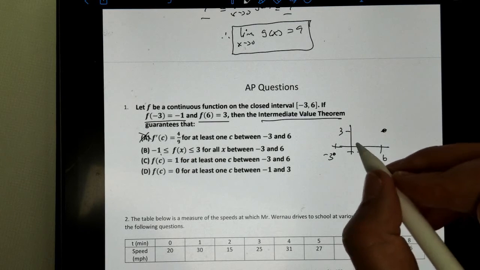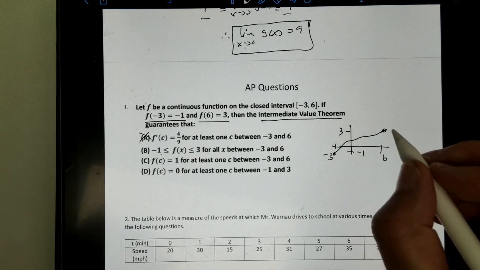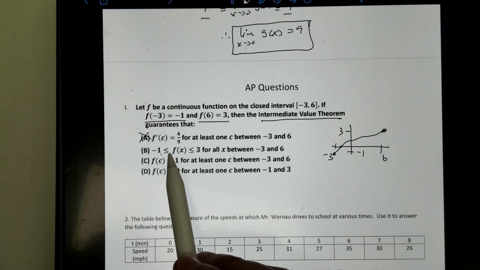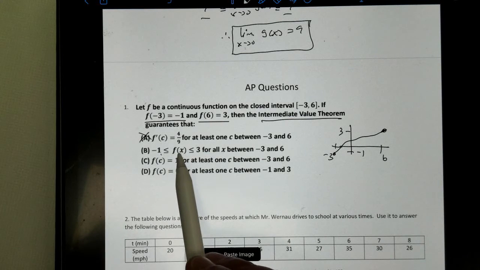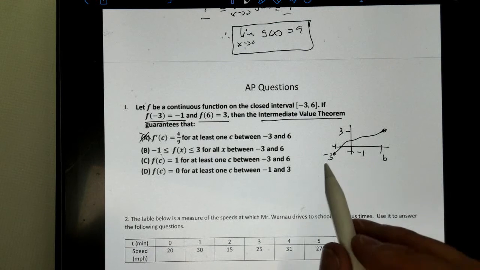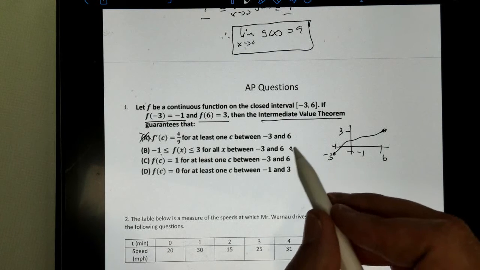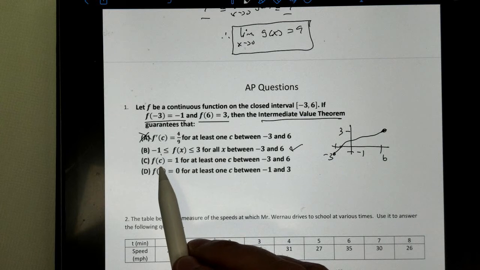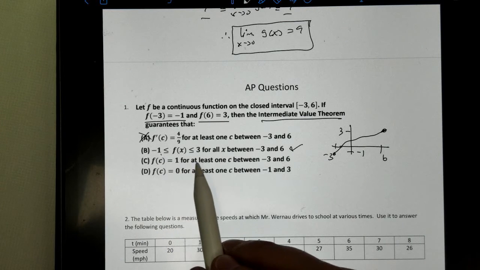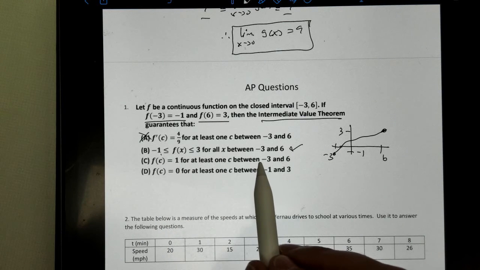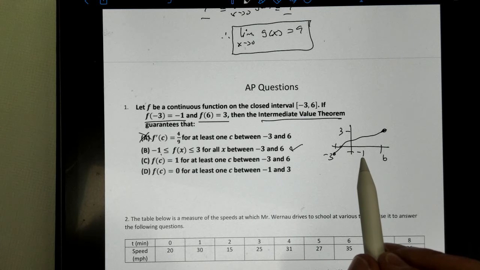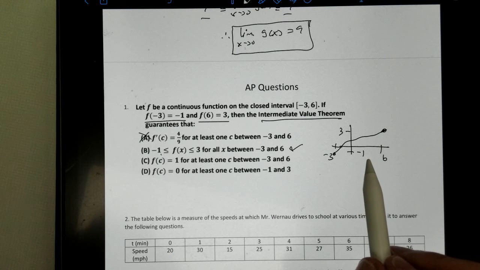It's continuous, so I have to draw that as a continuous graph. So this says it's going to take on all y values between -1 and 3 for all x values between -3 and 6. Well, that's true. This one says the value of c has to be 1 for at least one c between -3 and 6.